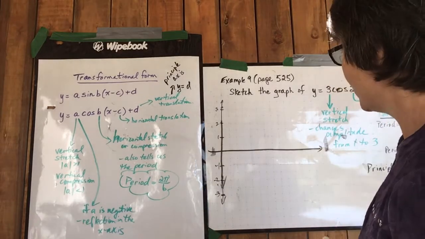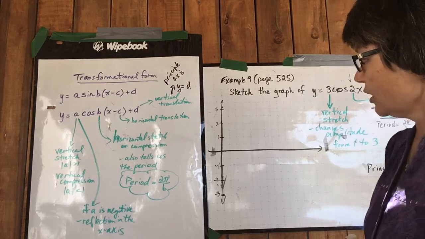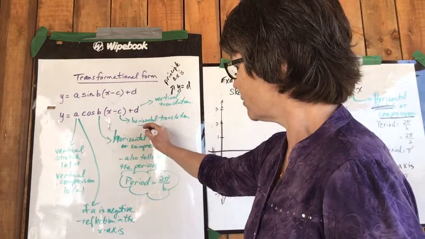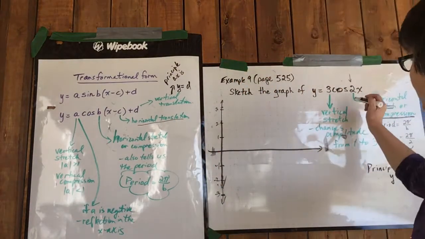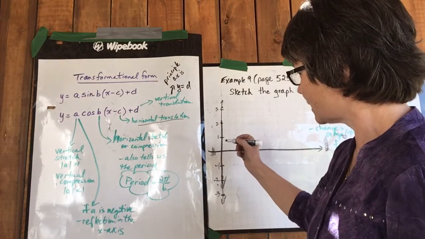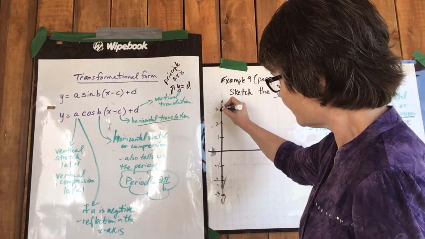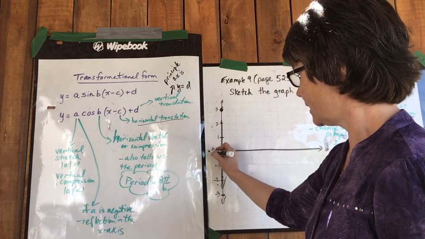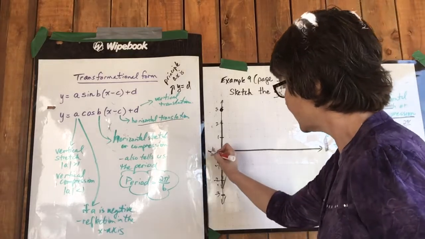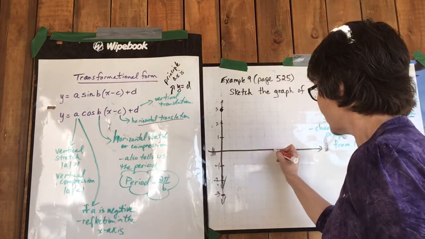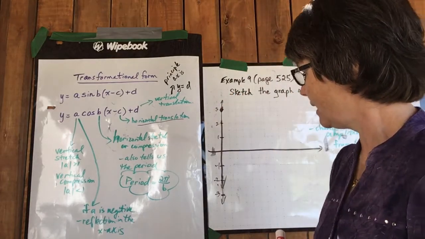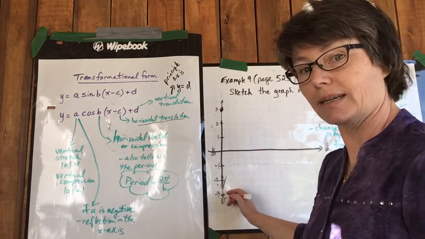Now remember, y equals cosine x goes through its maximum at the y-axis unless there's a horizontal translation. Is there a horizontal translation? No. That means we must be going through the maximum at the y-axis. I can think of the x-axis as my principal axis. There's my maximum, and my minimum will be at -3.